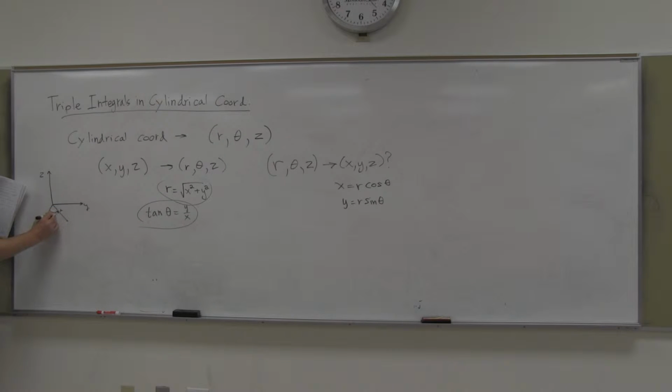So that's r and that's theta in the xy plane. It's all still the same. The only thing is we're adding that third part, and that is z. So you go up from that point in the xy plane to z units, down or up, whatever the case may be. And that's your r, theta, z.